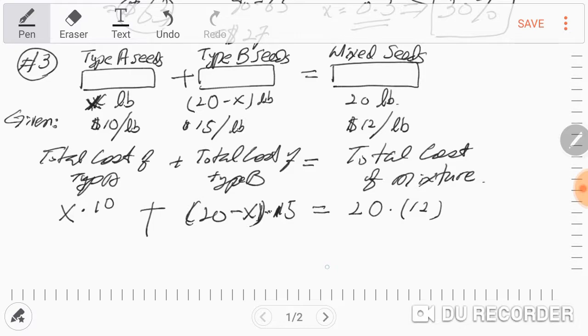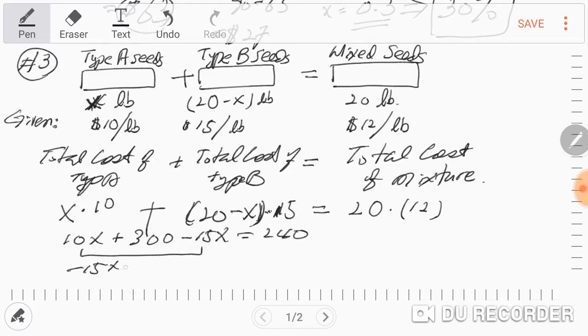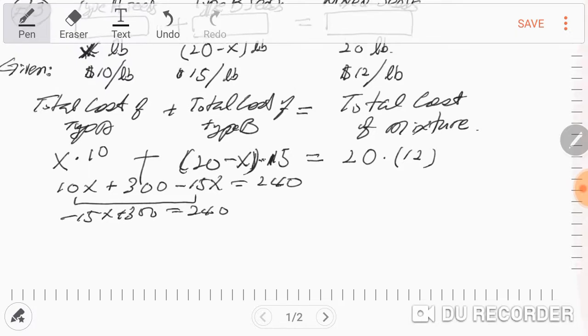Then from here, solve for X. So 10X plus 20 times 15 is 300 minus 15X is equal to 20 times 12, which is 240. Combine the like terms. 10 minus 15 is negative 15X plus 300 is equal to 240.